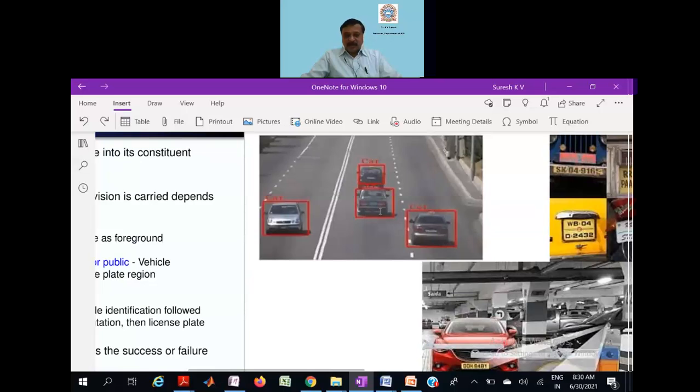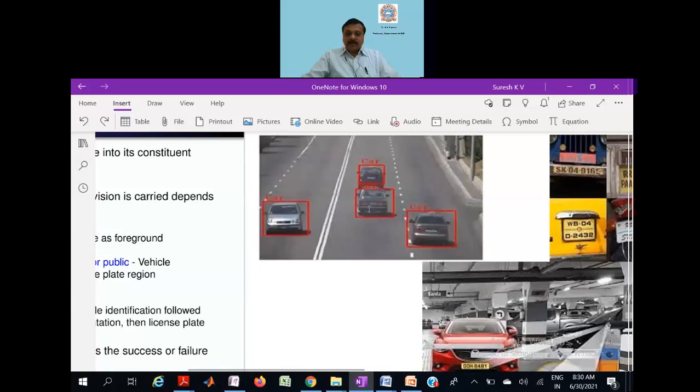Of course, we human beings have been trained since our birth to do this segmentation. But think of your computer performing this segmentation. Now, if I ask you to locate a vehicle, I am sure all of you will just locate it and say this is a vehicle.